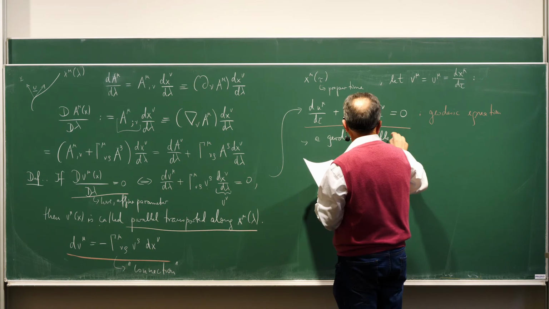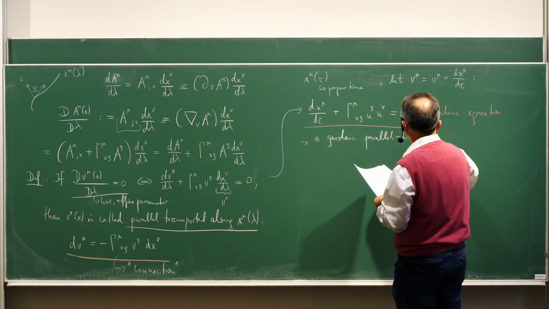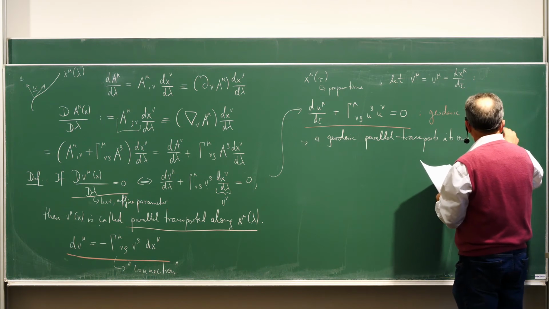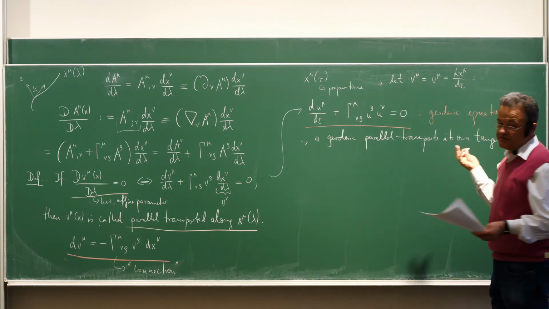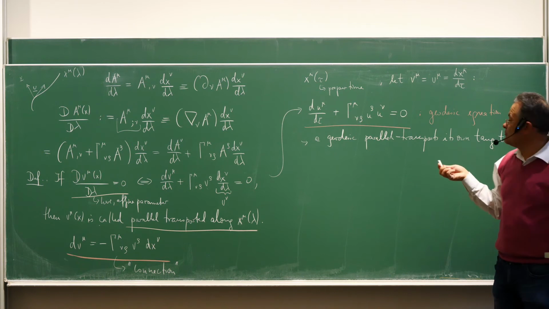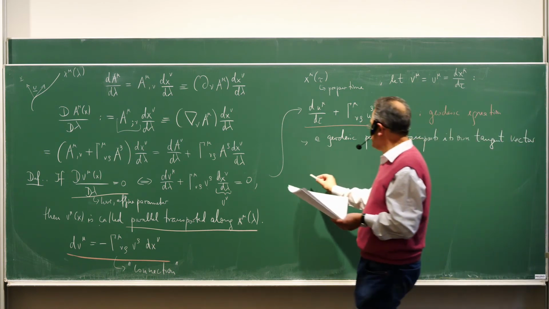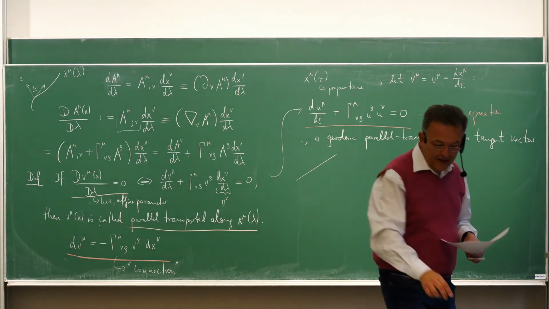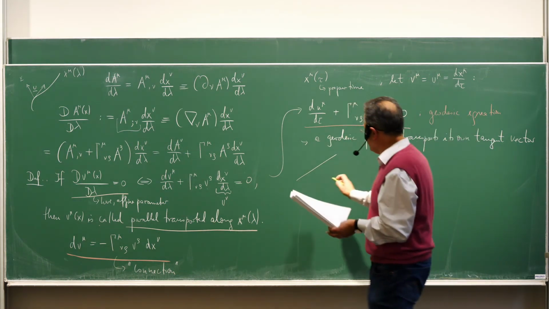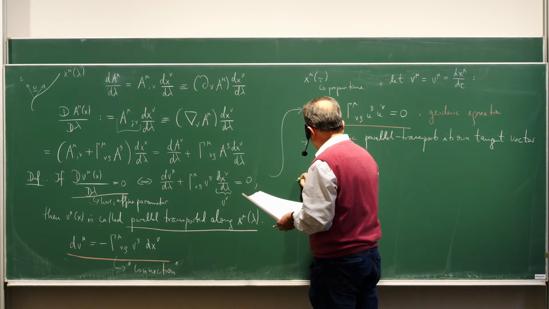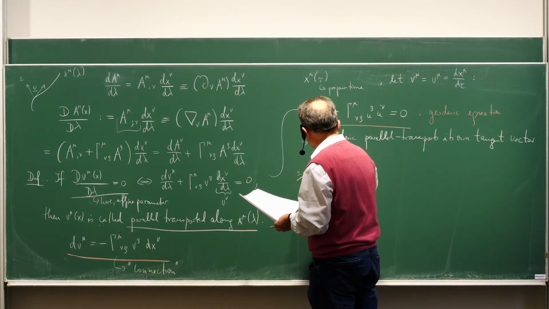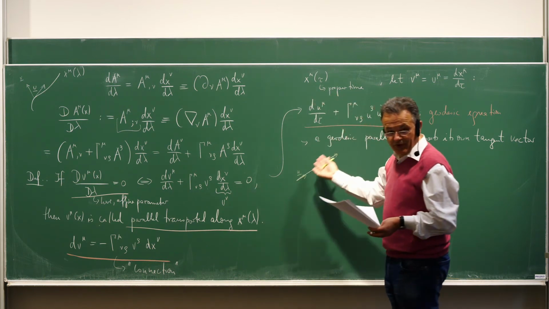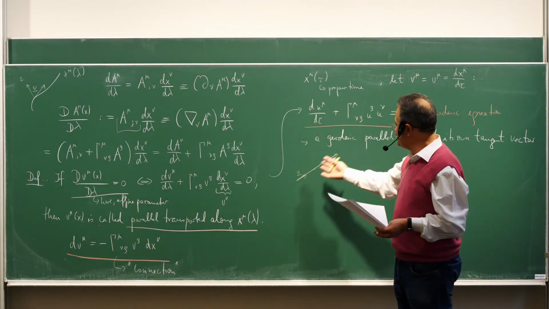That's also the natural generalization from Euclidean space, because in Euclidean space the geodesics are just straight lines, and the tangent vectors, of course, lie on this straight line, and of course they are parallel transported in the Euclidean sense.